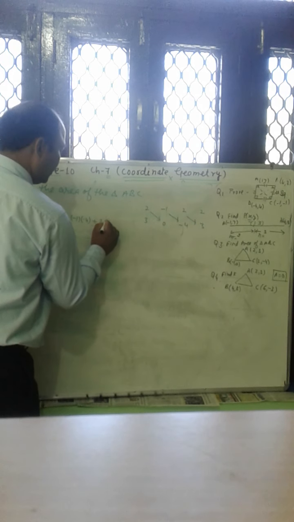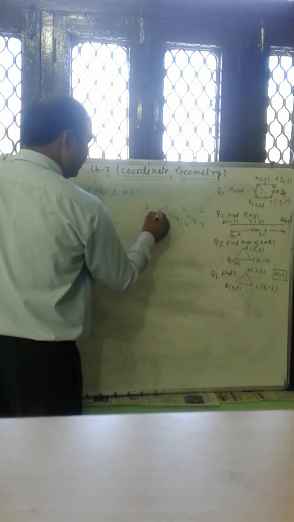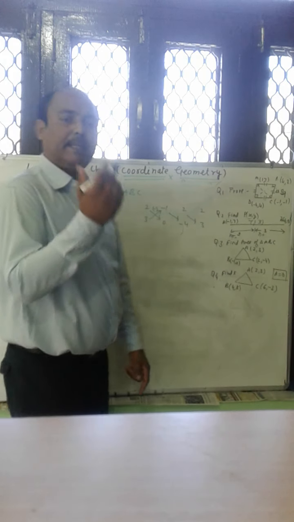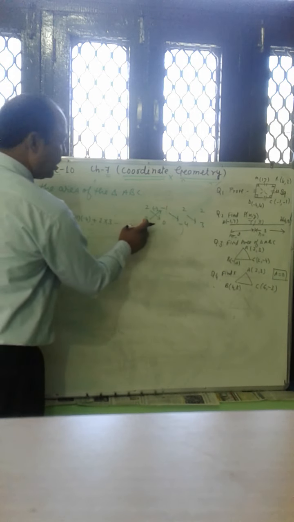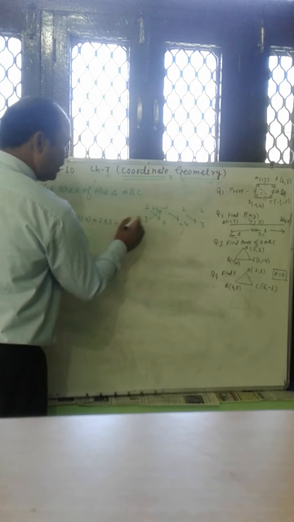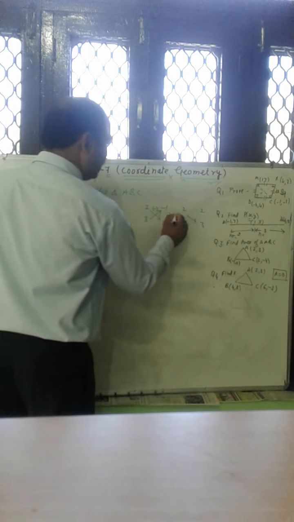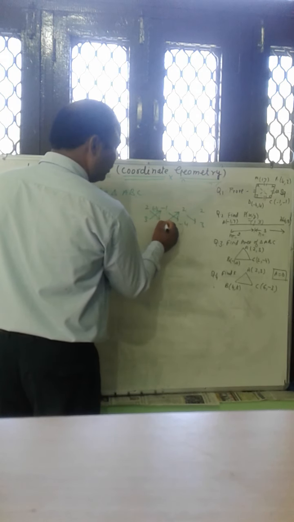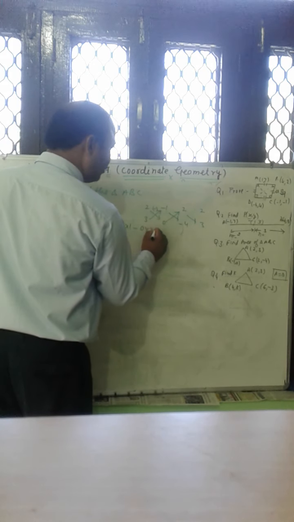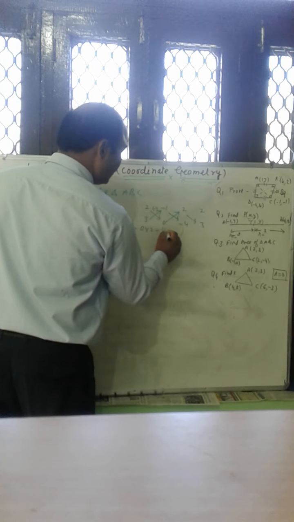Then minus this one. If we multiply from bottom to upwards, then we take a negative sign. So minus is here, then minus 3 into minus 1 into minus, that is plus. So 3 into 1 will come here. Then here is minus, 0 into 2, minus minus plus 4 into 2.